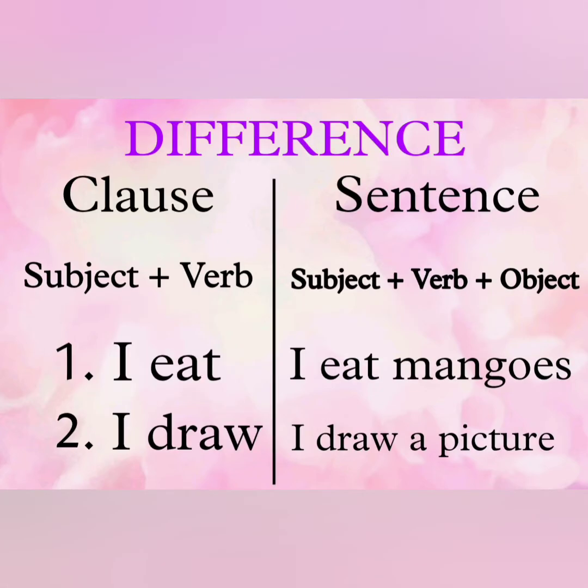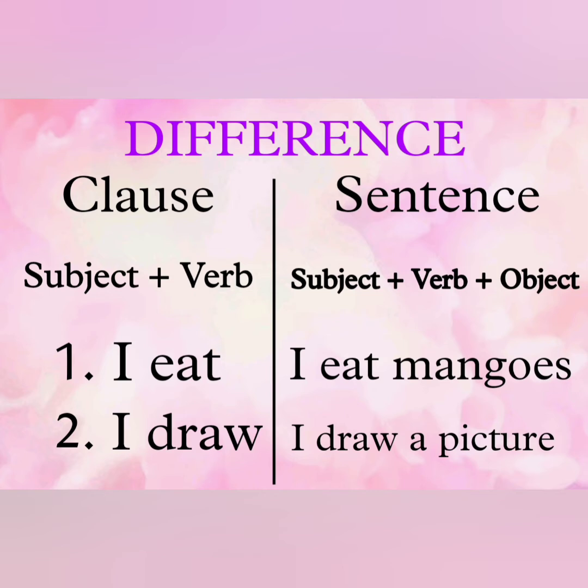Let's see the difference between the clause and the sentence. As you can see on your screen, in the clause only subject and verb is there. For example, I eat. This is the clause because it carries a subject and a verb. But when we are talking about the sentence, a full-fledged sentence every time has a subject, verb and object.